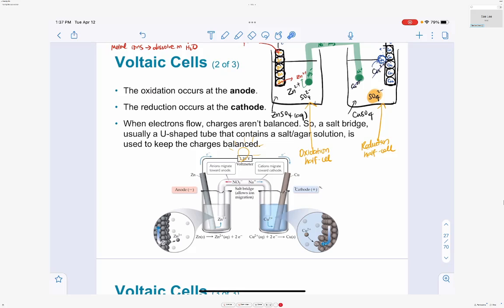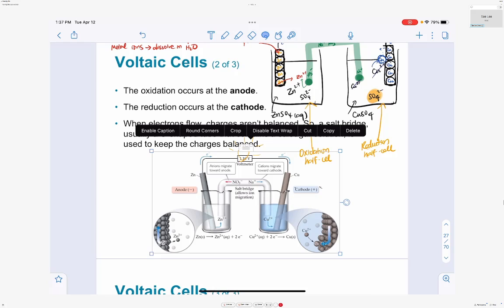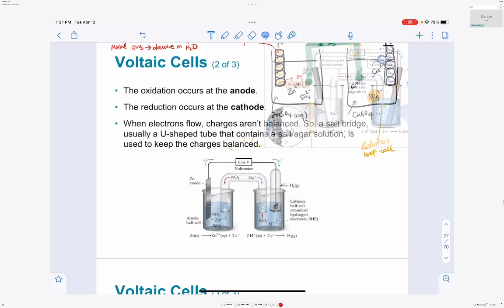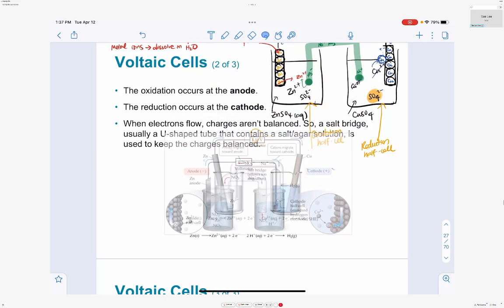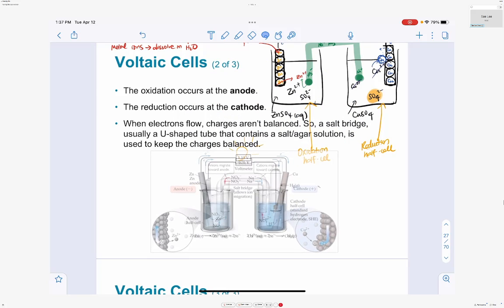Oh yeah, okay, I know what happened. I accidentally put the wrong diagram on the slide. Anybody who has this diagram, you need to replace it with this diagram.